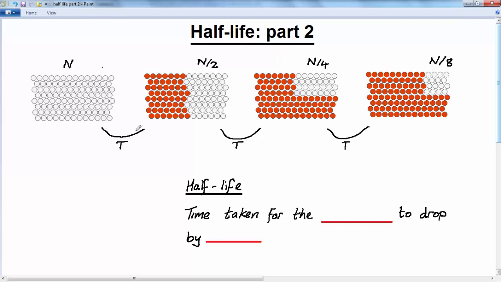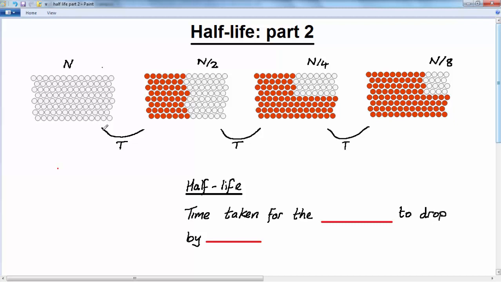Firstly, that the probability or the chance of any of these radioactive isotopes decaying at any moment is directly proportional to the number of radioactive isotopes present at that moment. So if the chance of a decay is proportional to the number of radioactive isotopes present, then the rate of decay of those isotopes is also directly proportional to the number of radioactive isotopes present.